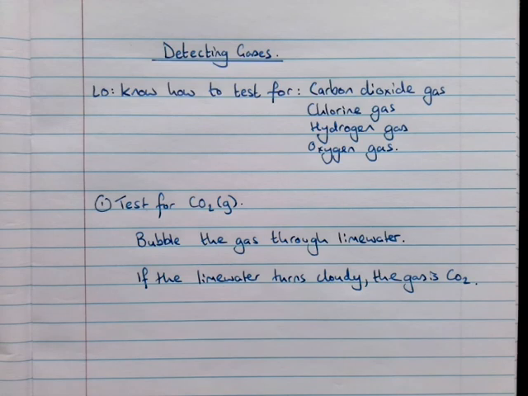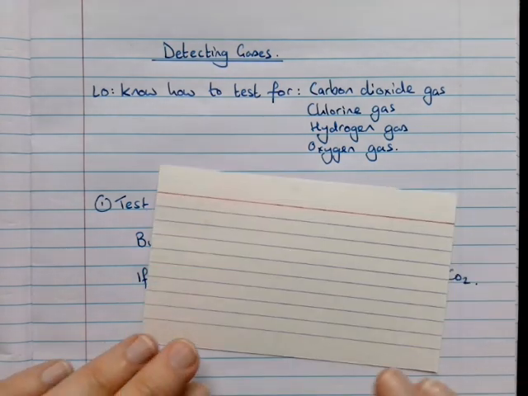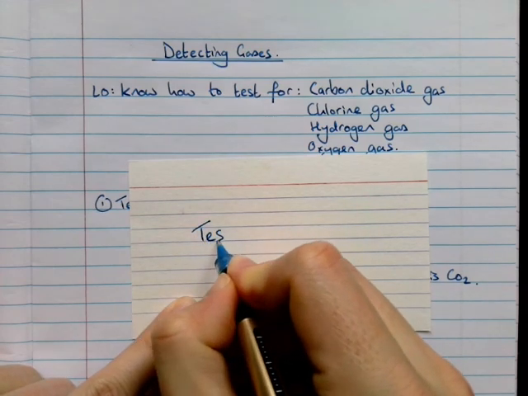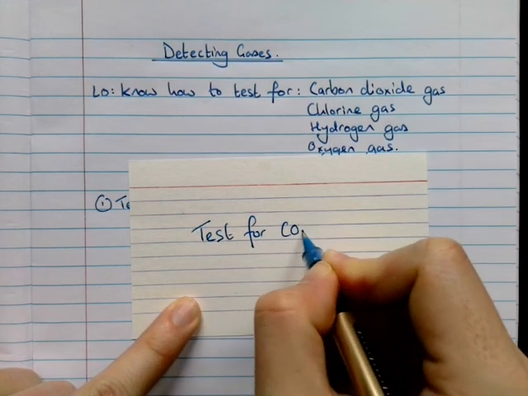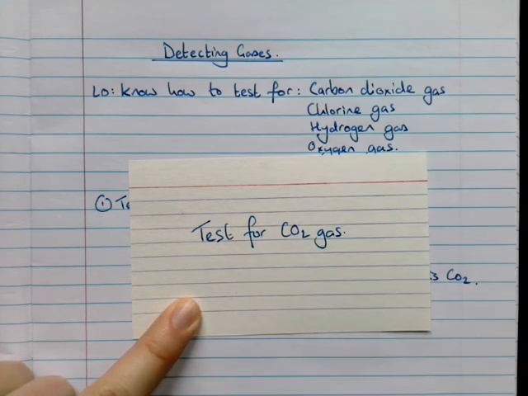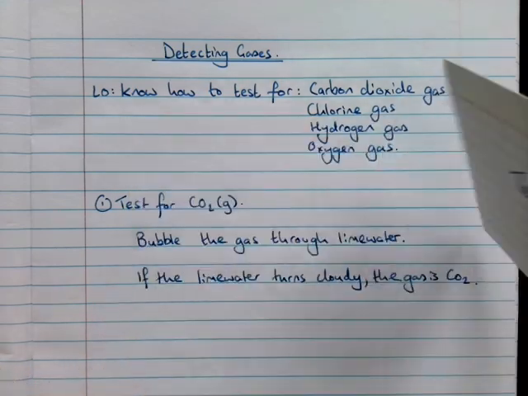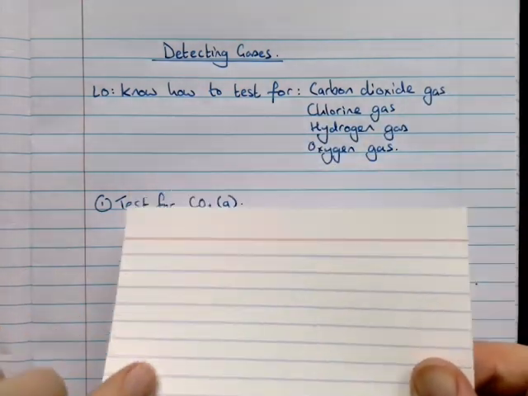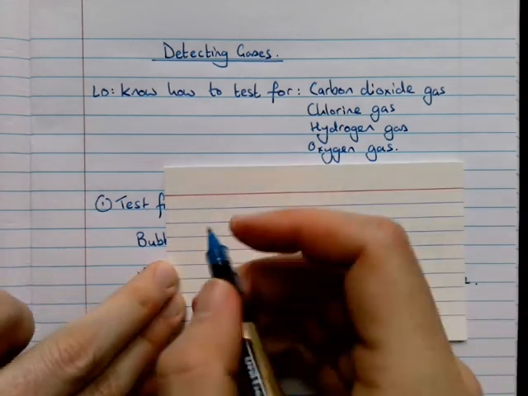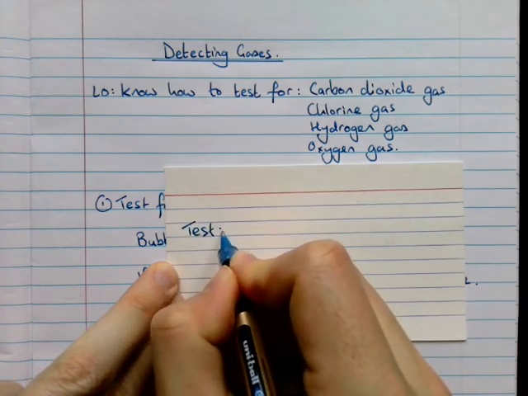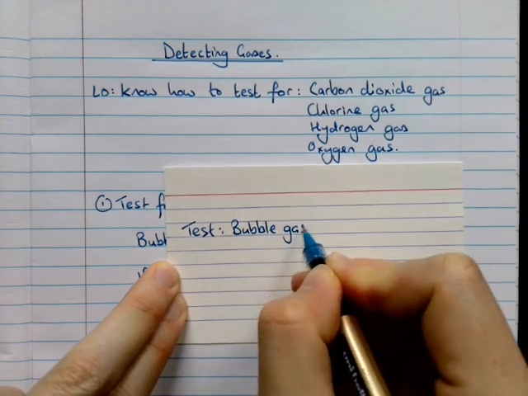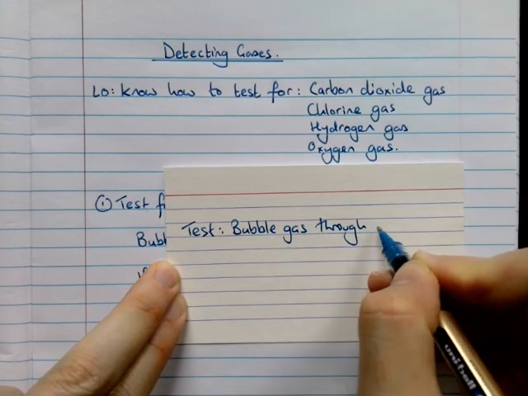So at this point, you'll probably want to stop and make yourself a flashcard, because you need to know all of these tests. So you can have test for carbon dioxide gas on one side of your flashcard, and then on the other side of the flashcard you need to write out the description. So we can say the test is bubble gas through lime water.